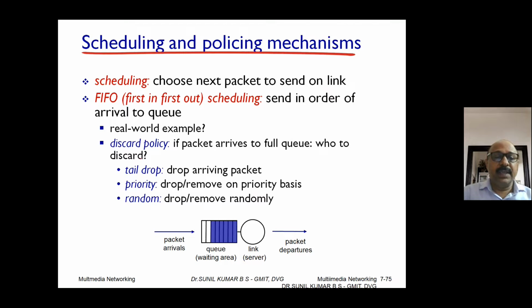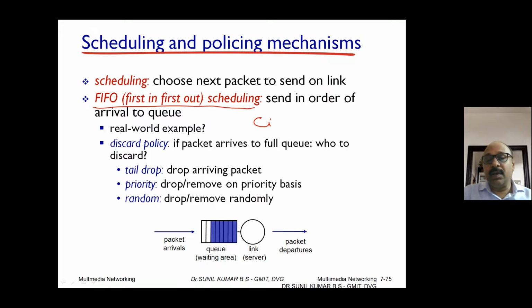One of the scheduling techniques is known as first in first out scheduling, which is the most basic technique. Here it's very simple. The packet that has arrived first will be transmitted first. The packet that arrives later will be transmitted later.